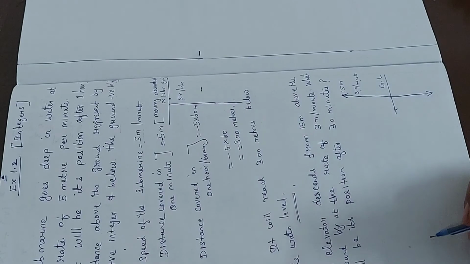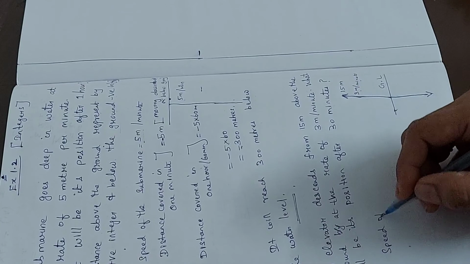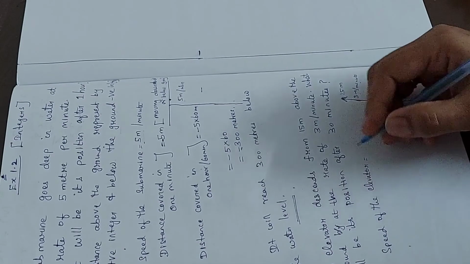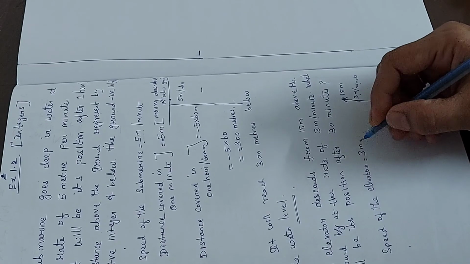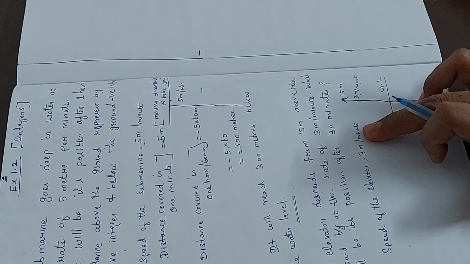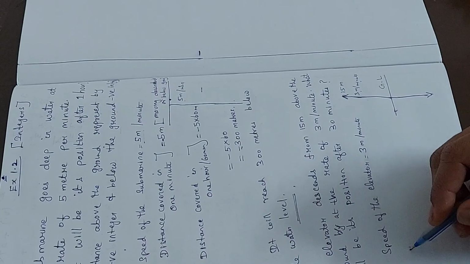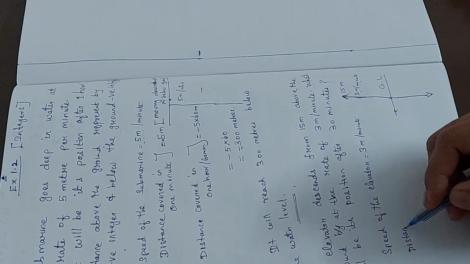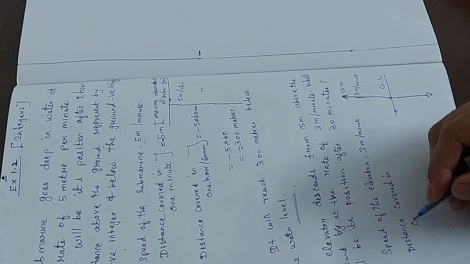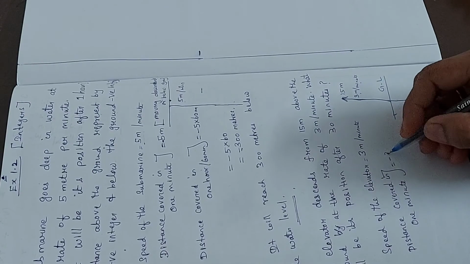So what we have to write first, the speed of the elevator. The speed of the elevator is 3 meter per minute. Okay children, 3 meter within a minute it reaches. Next, distance covered in 1 minute is minus 3 meter.